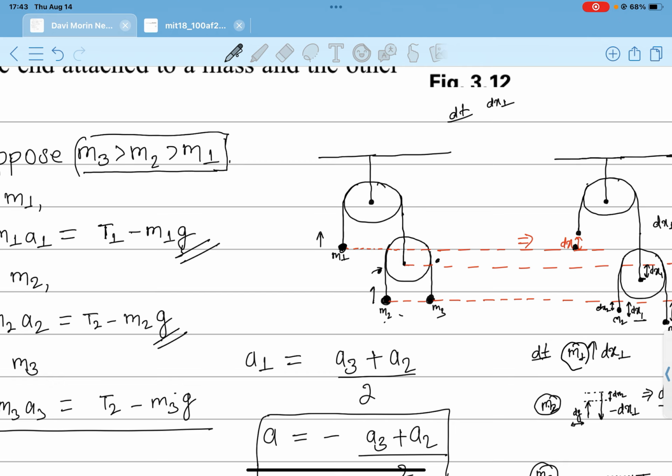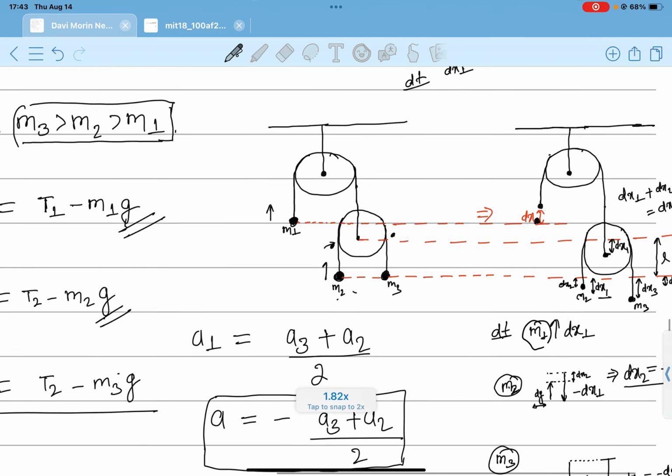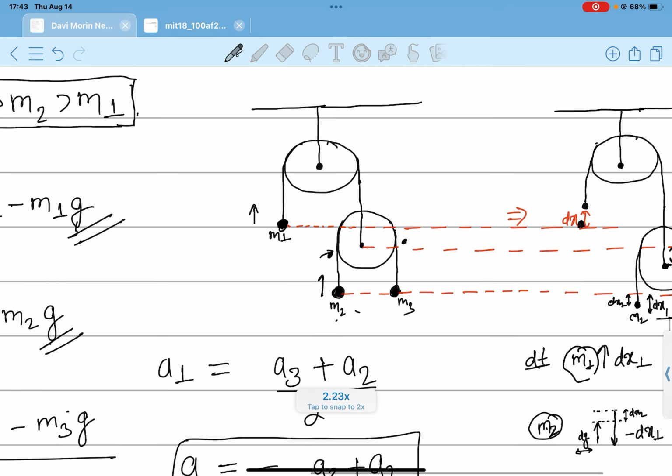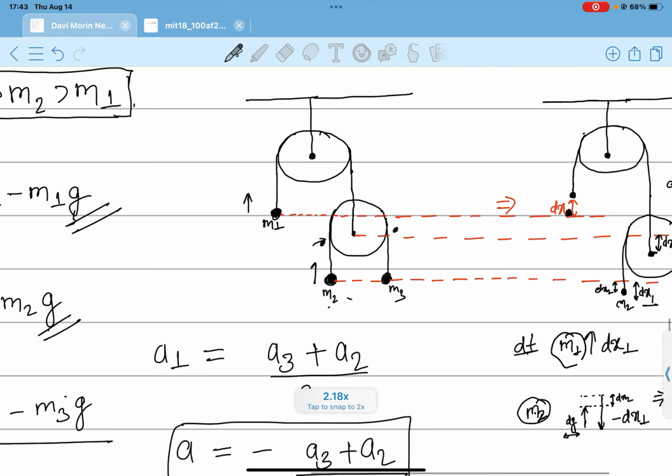So m1 mass is less than the mass sum of m2 and m3, obviously. So m1 will move in the upward direction. By the same distance, the pulley will move downward. And in the case of m2 and m3, m2 will move in the upward direction, m3 will move in the downward direction.